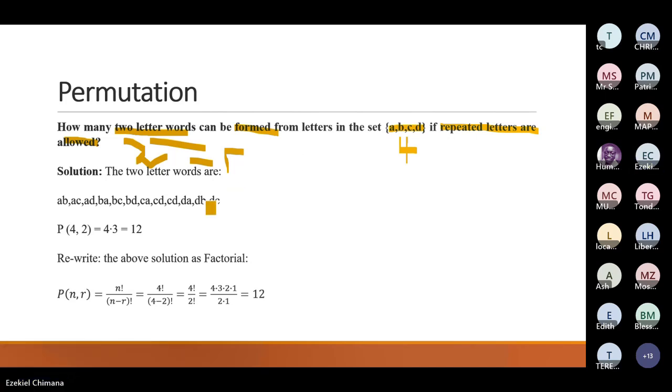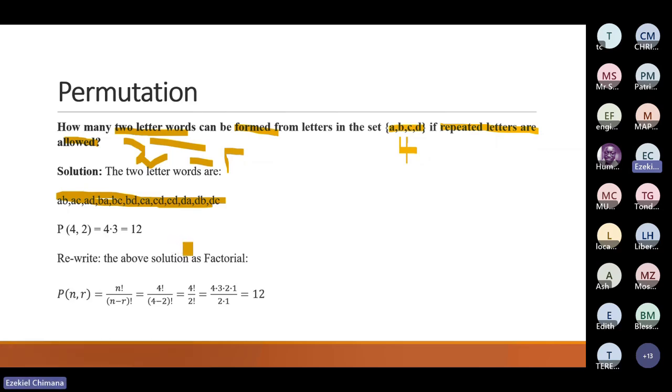The two-letter words are AB, AC, AD. This is the list of words, but what we actually want is the total number of permutations that you can have there.